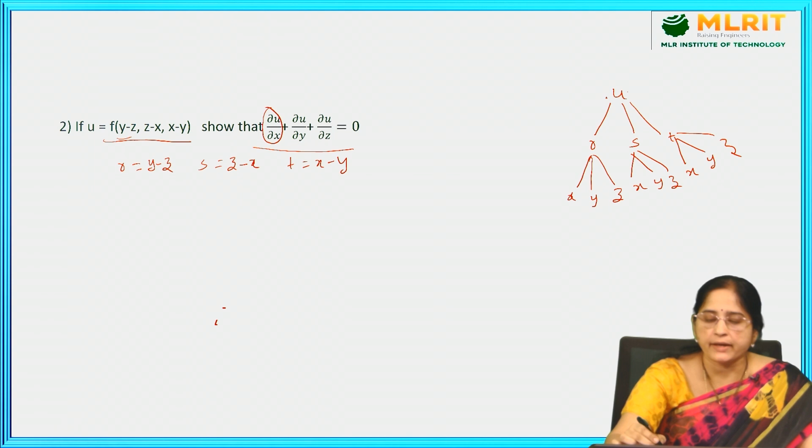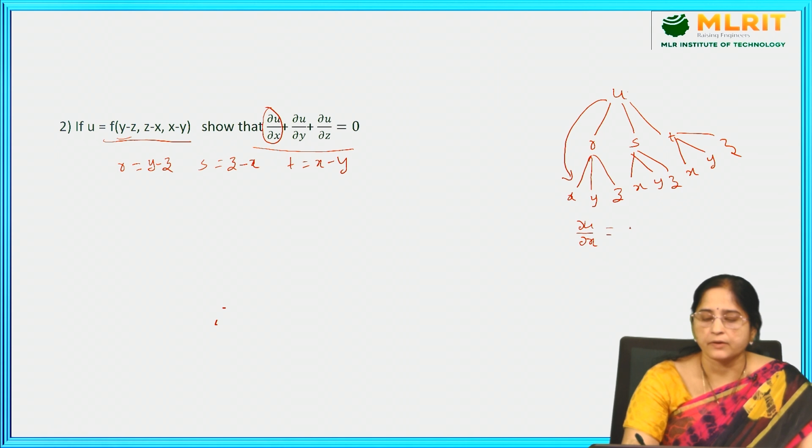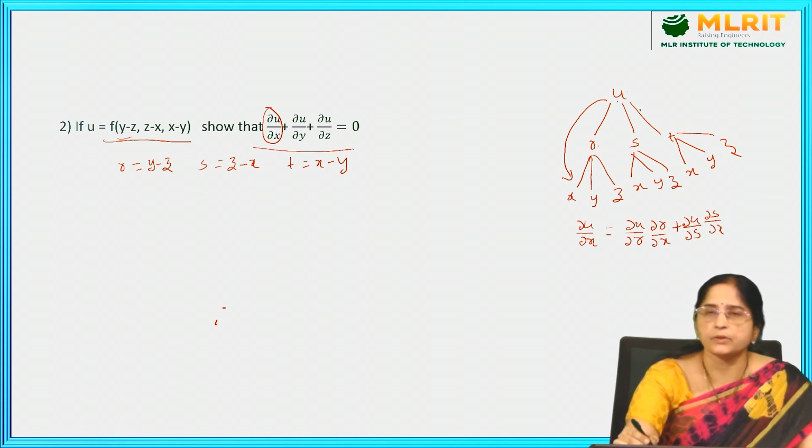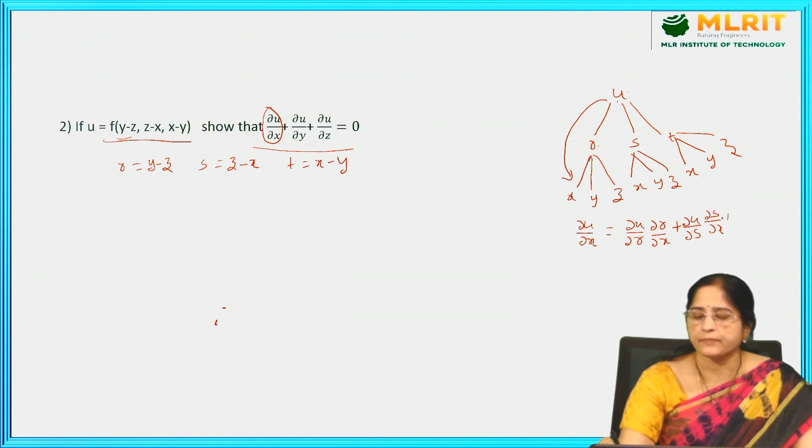Dou u by dou x means, what is the formula for dou u by dou x? Dou u by dou x is dou u by dou r into dou r by dou x plus dou u by dou s into dou s by dou x, next dou u by dou t into dou t by dou x.